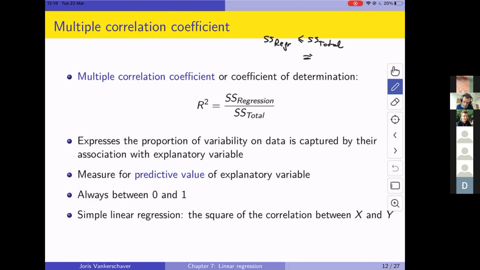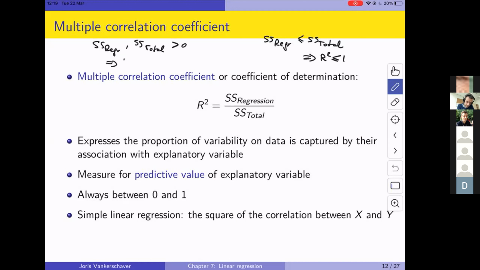So from that, it follows that R squared is always going to be less than or equal to 1. And why is it greater than 0? Well, sum of squares of the regression and sum of squares total are both positive.